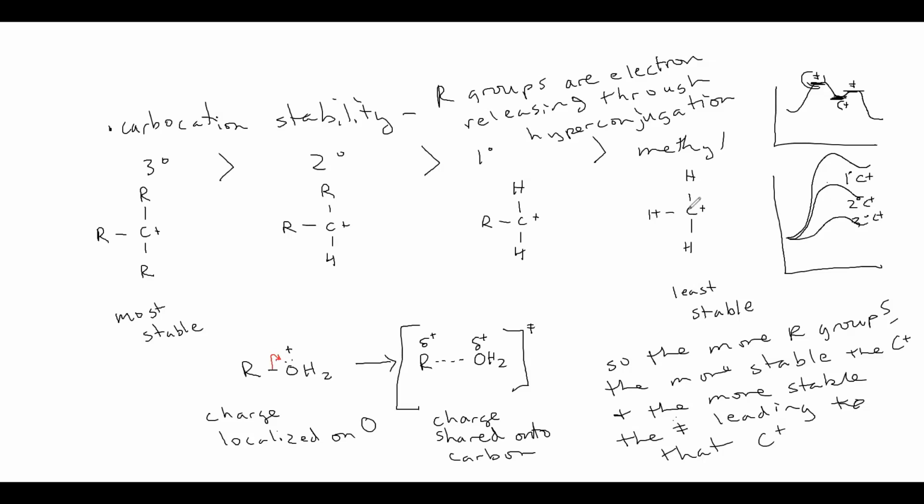We're not going to use it too much because there are better ways to do the same chemistry, but I want to make sure you can see that we could avoid forming a primary carbocation if we have to. So what we're going to do is do our dehydration via an E2 step.